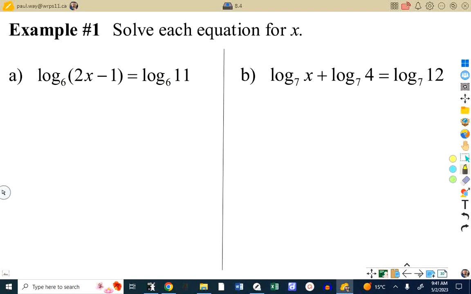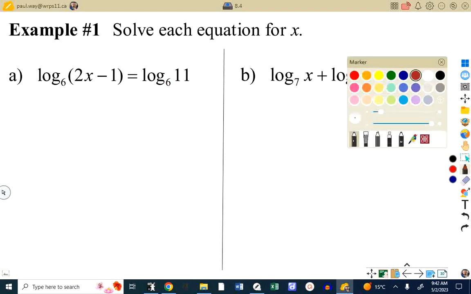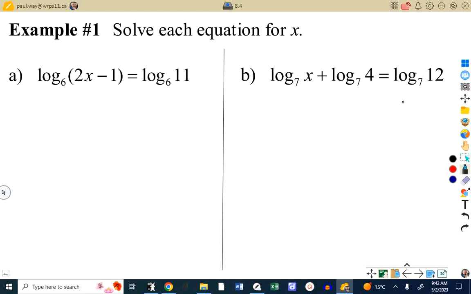If log base 6 of 2x minus 1 is log base 6 of 11, what can you tell me about 2x minus 1? Yeah. 2x minus 1 equals 11? Has to equal 11. This is like when we were solving exponential equations, and we had an exponential equation like 2 raised to the x plus 3 equals 2 raised to the 4x minus 10.